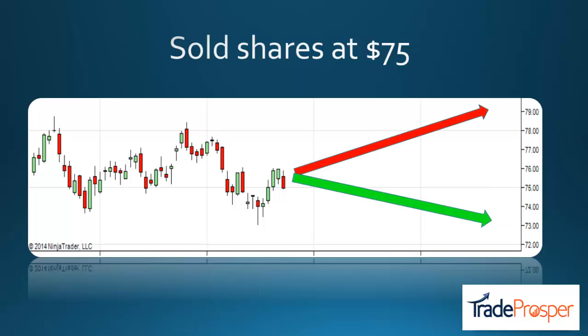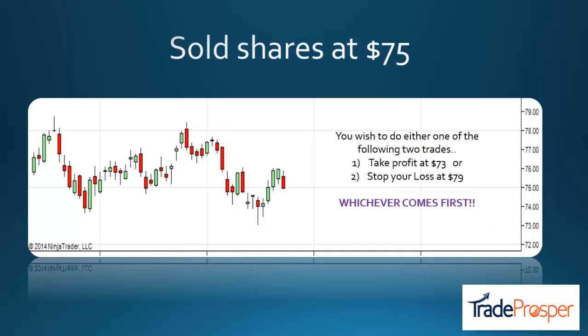Now once again, knowing that the market can go either direction, we don't know which order will be triggered first. So it's very common to place an order in the system that says, I don't know which level is going to come first, but I wish to take my profit at $73, or alternatively, I wish to stop my loss once we hit $79.